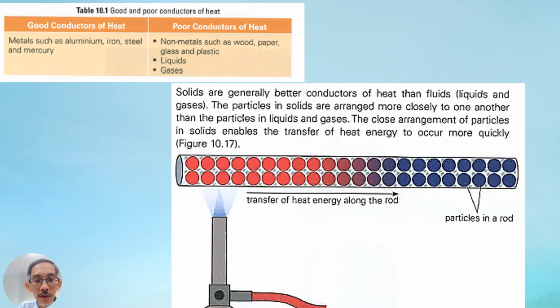I want you to concentrate on the diagram now, to try to explain conduction taking place in a solid. It's not too difficult. Now heat is being supplied to the end of the rod here. So the particles at this end will gain the heat energy.